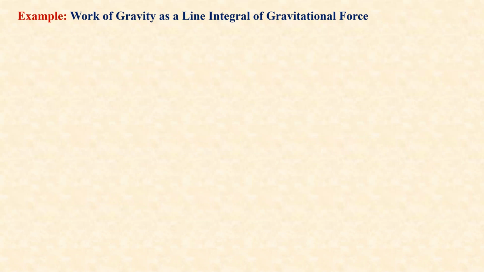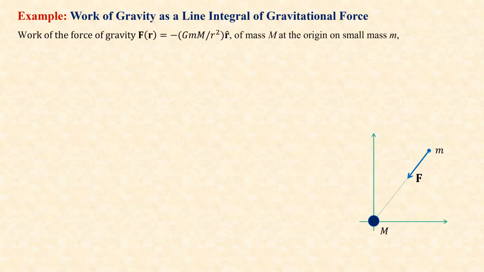All right. One example is work of gravity as a line integral of gravitational force. Let's say we have a mass capital M at the origin and another mass lowercase m at some point in space. And this capital M applies the force on little m.